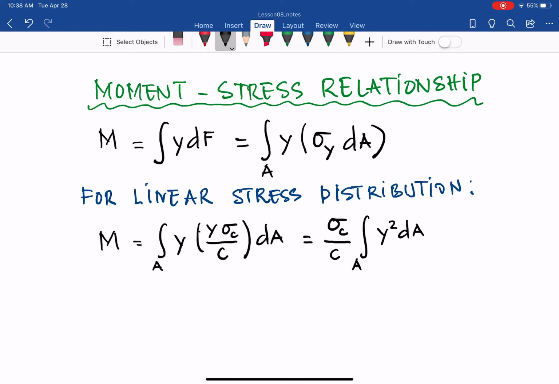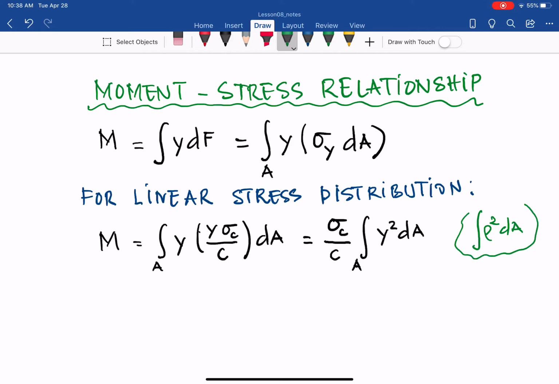Now recall in torsion we have, and I'll write it down but I'm going to erase it, something called the integral of rho squared dA, where rho is the radial distance. And if you recall what we call that integral, the polar moment of inertia J. Everyone recall that, right?